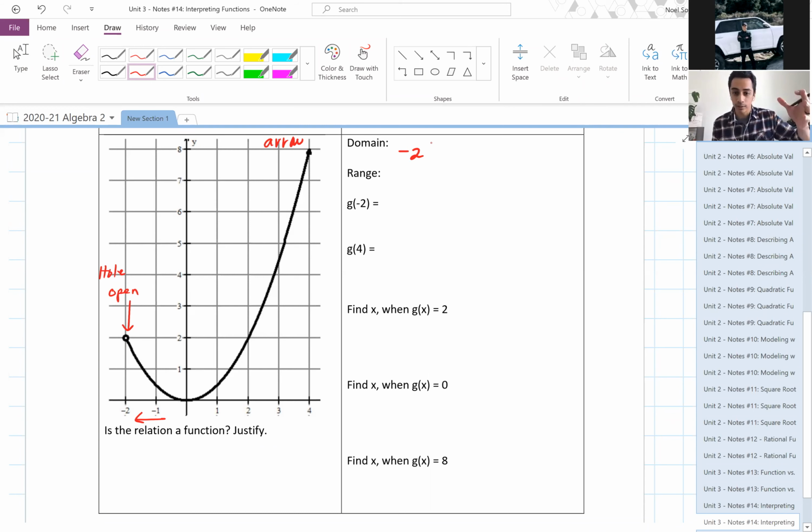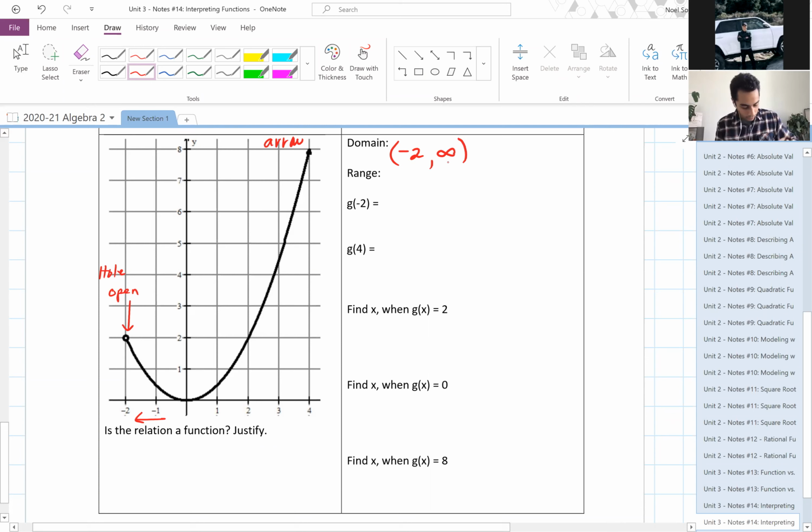Do we include it with a parenthesis or a bracket? This would be parentheses. We can't include -2 because it's an open circle there, so technically it's not even there. Then as we move to the right, track the curve. Which direction is that headed in? This one is headed towards positive infinity. So that's domain.